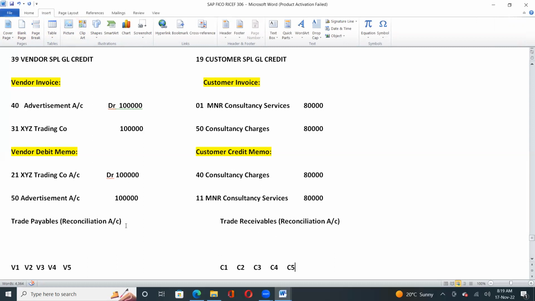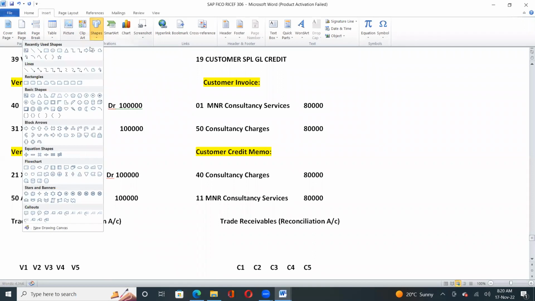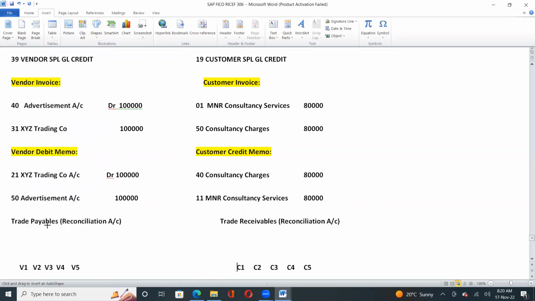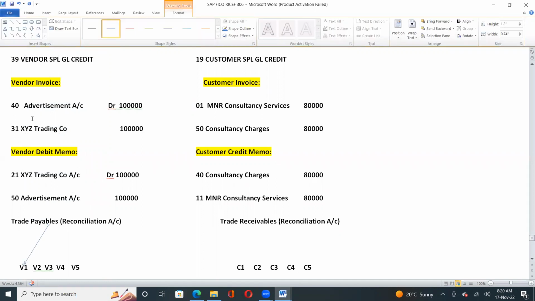So you can write it as reconciliation account or main accounts, and the main accounts will be linked to vendors. Trade payables will be linked to vendors.